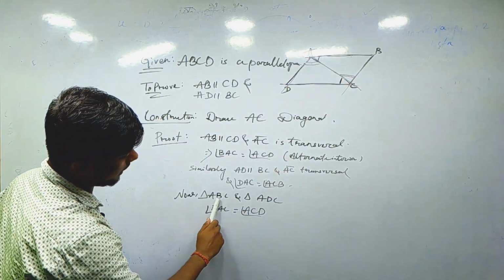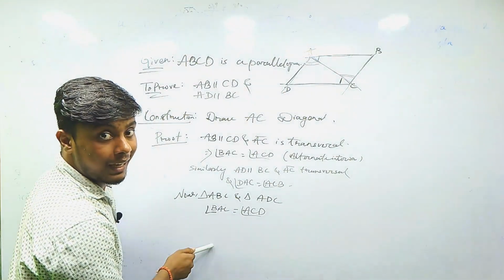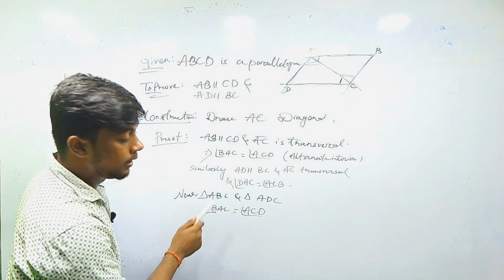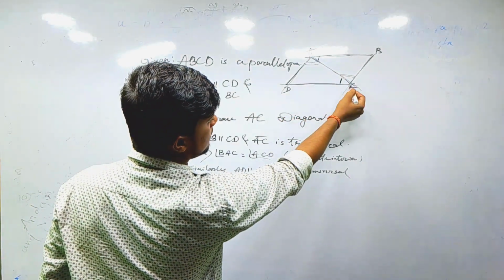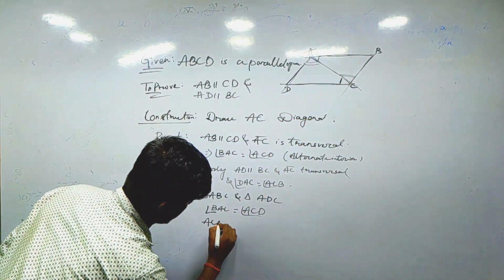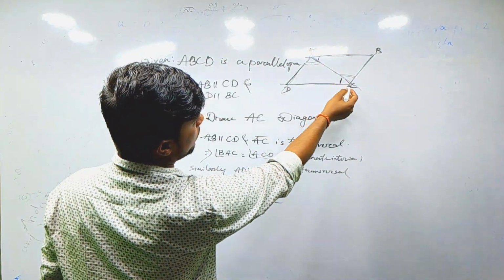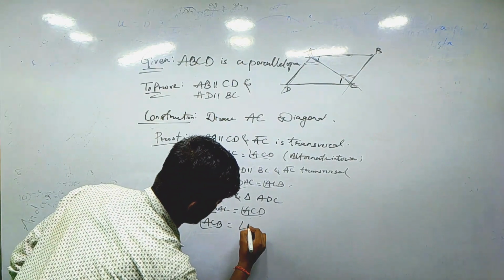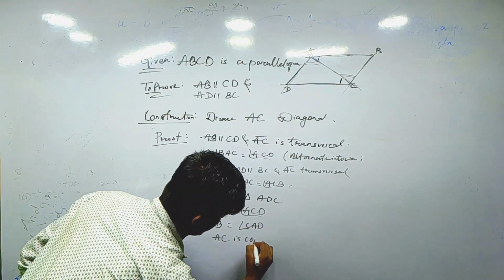Look here, first we are writing triangle ABC, so on this side we have to write the angles or sides, whatever they may be, of ABC. Okay, so here angle ACB equals ADC's which angle? CAD. Okay, and AC is common.